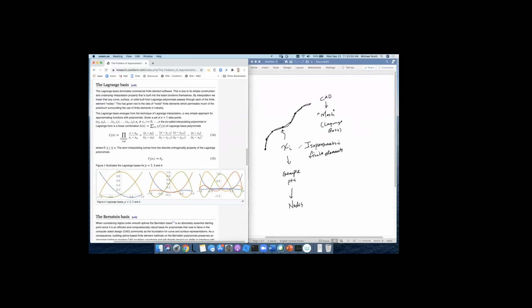Yeah, so from a practical point of view, the nice thing about the traditional idea of a node in a finite element setting is that it gives you a discrete snapshot of the whole picture of the actual geometry, of either the solution or the CAD geometry itself that you're using for simulation.